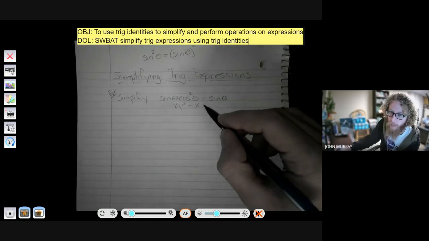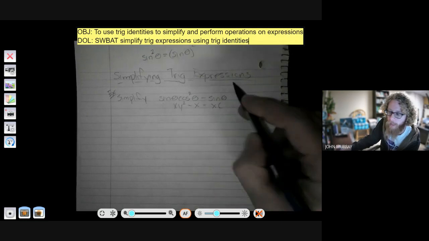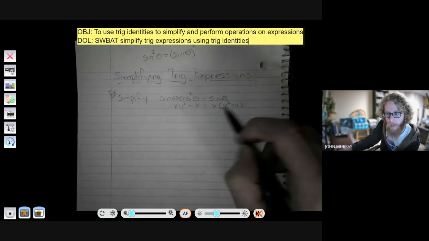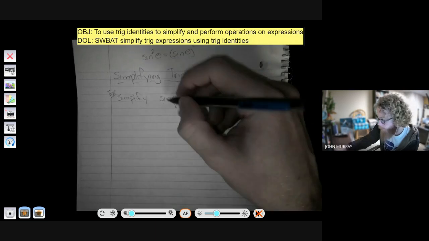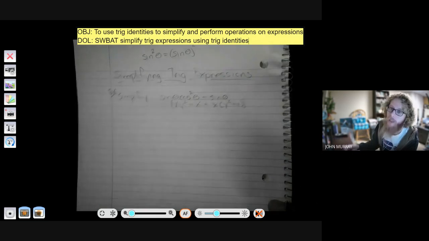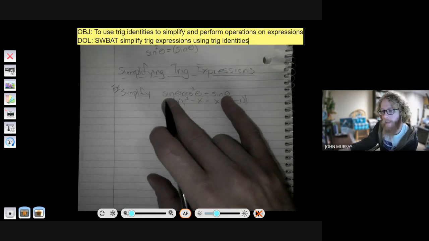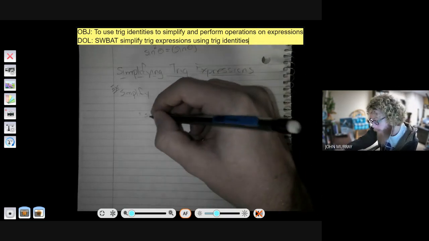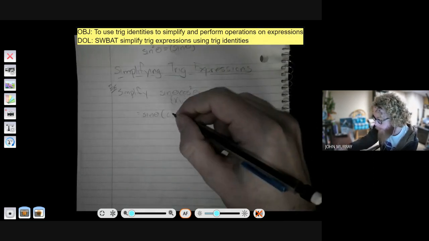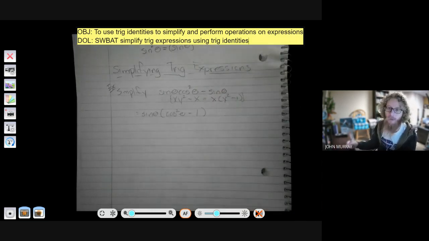In this example, I can factor out an x, and I'm left with y squared minus 1, because x divided by x is 1. So up here, because both of these have a sine in them, we can factor out a sine. When I divide this by sine, I'm left with cosine squared. When I divide that by sine, I'm left with minus 1.